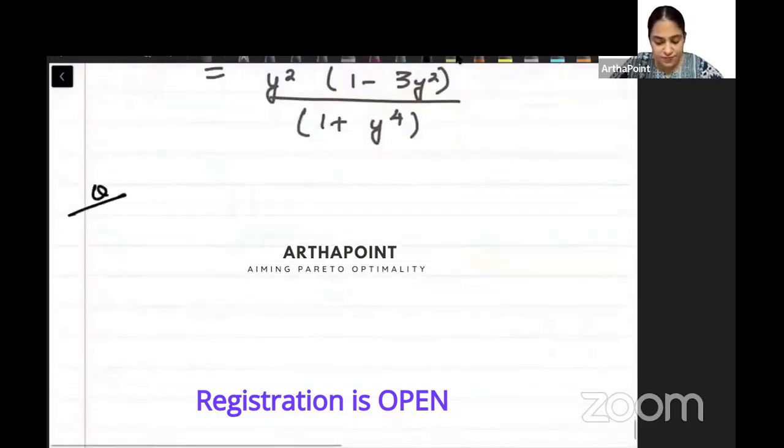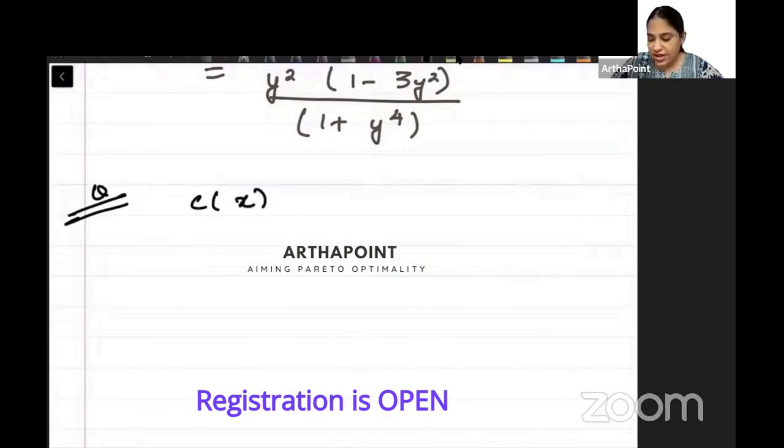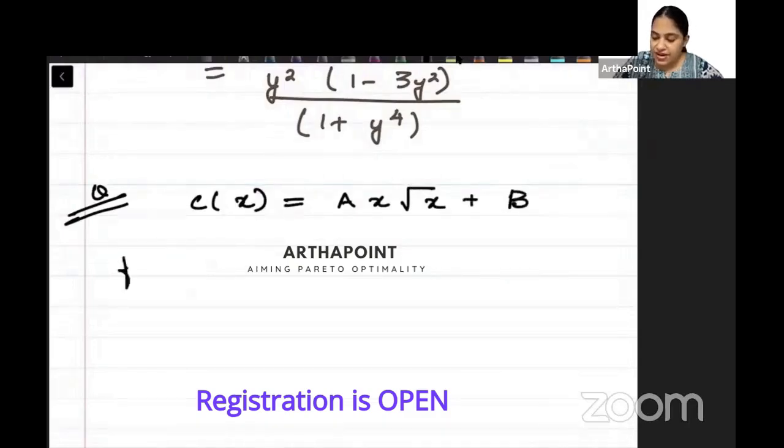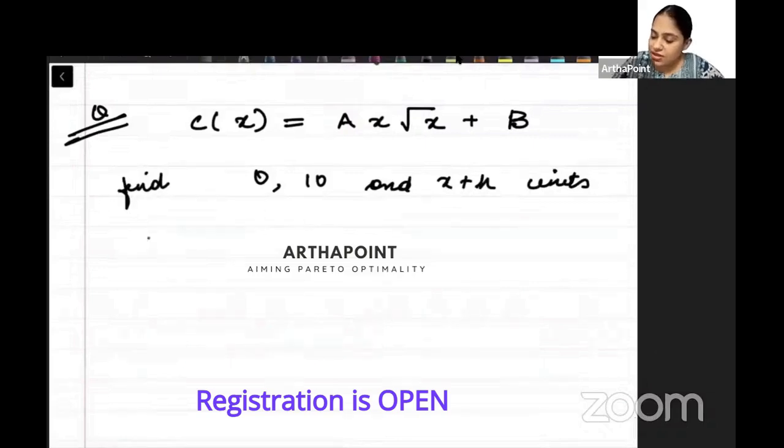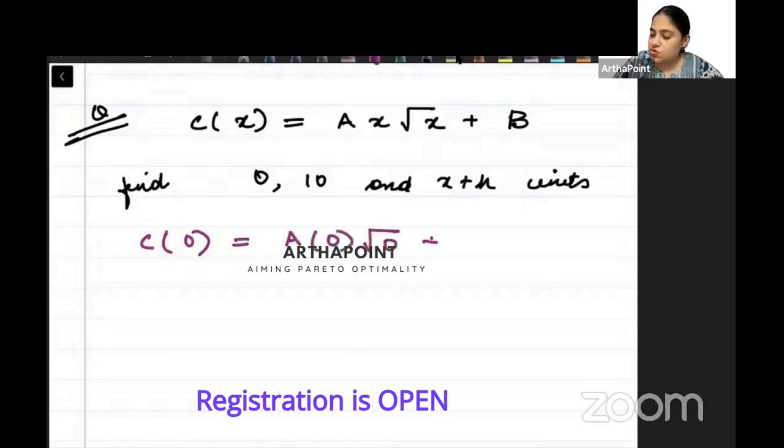The cost of producing x units is given to you as a x root x plus b. Find the cost of producing 0, 10 and x plus h units. Simple question, nothing new, nothing different, exactly the same. What will we do? Instead of x I will put 0: a into 0 root 0 plus b.